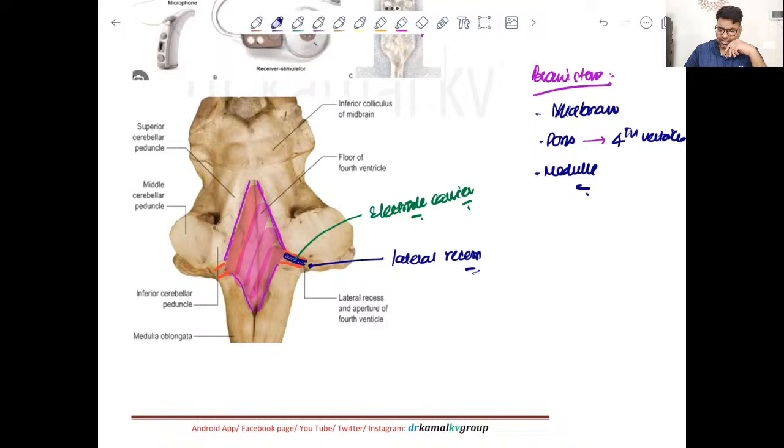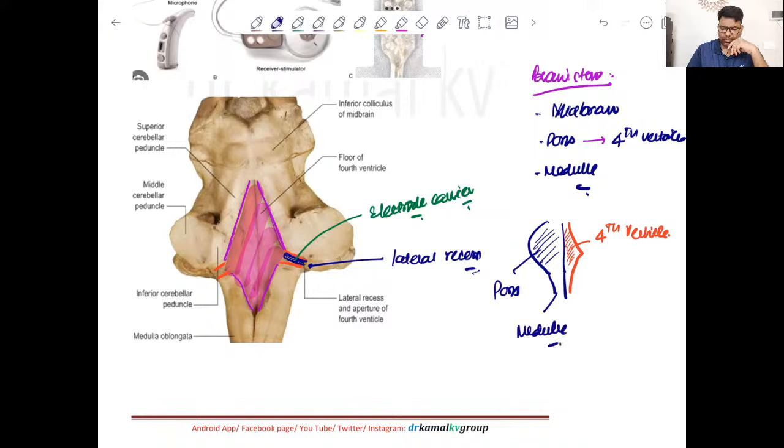Anteriorly, if you say this is the pons, which continues as medulla, posteriorly you will see this is the fourth ventricle, okay. Anteriorly this is all pons, lower is all medulla, clear? So the fourth ventricle forms the floor of the pons anatomy wise.